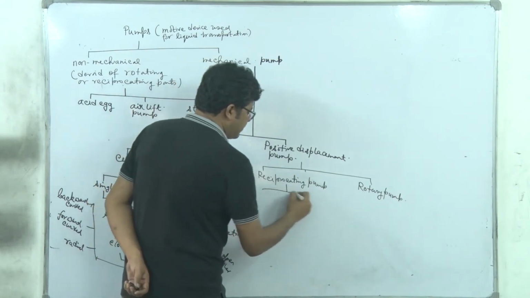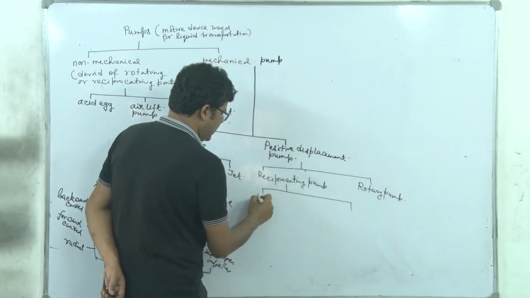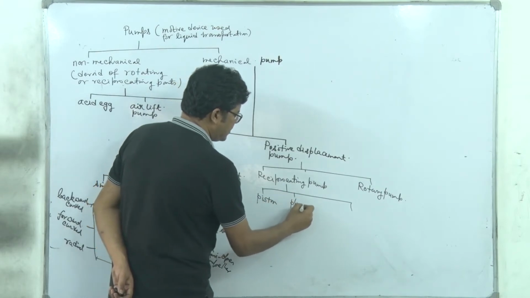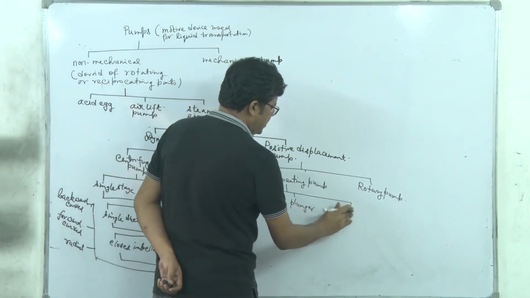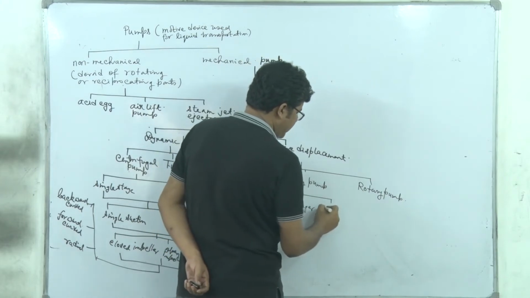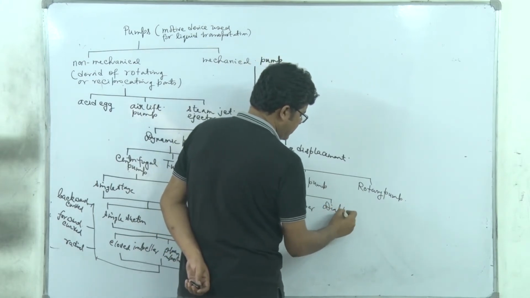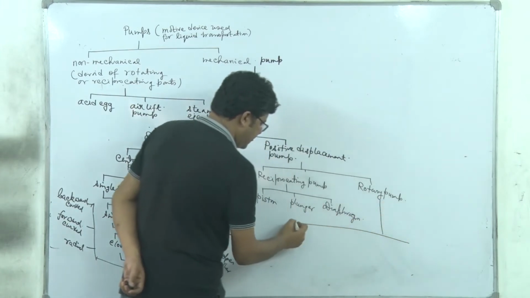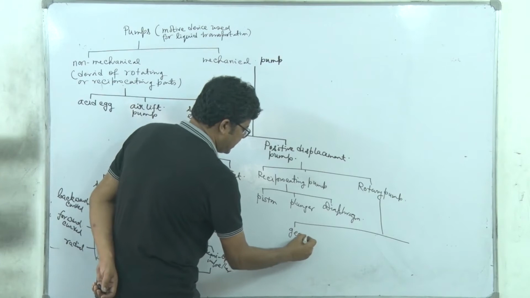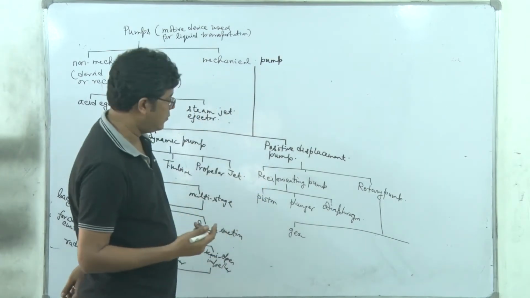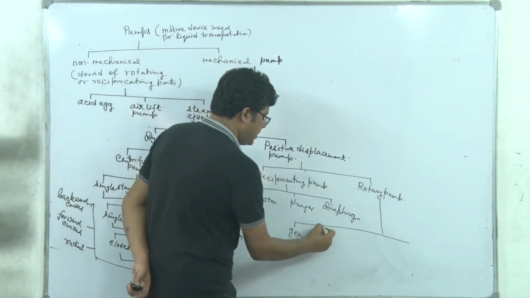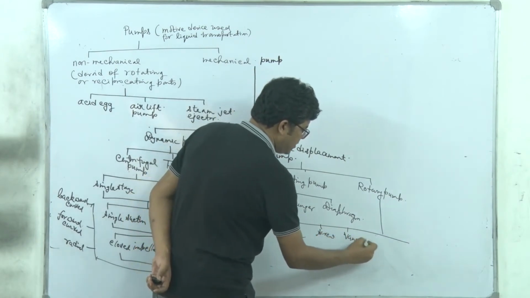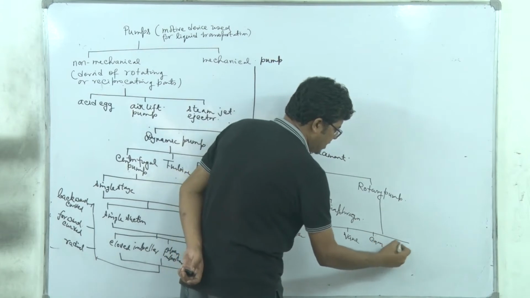So reciprocating pump has further classification like piston, plunger and diaphragm. Whereas rotary pump, there are classifications based on the rotating elements: we can have gear, screw, vane, cam, lobe.